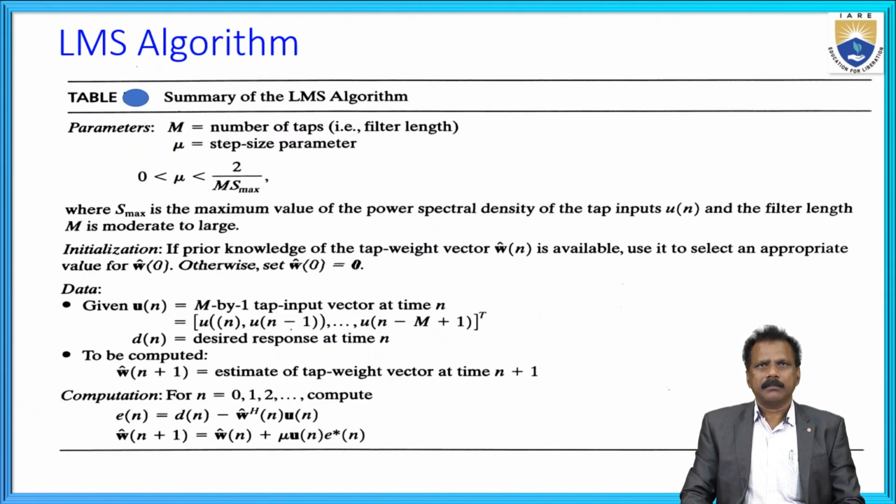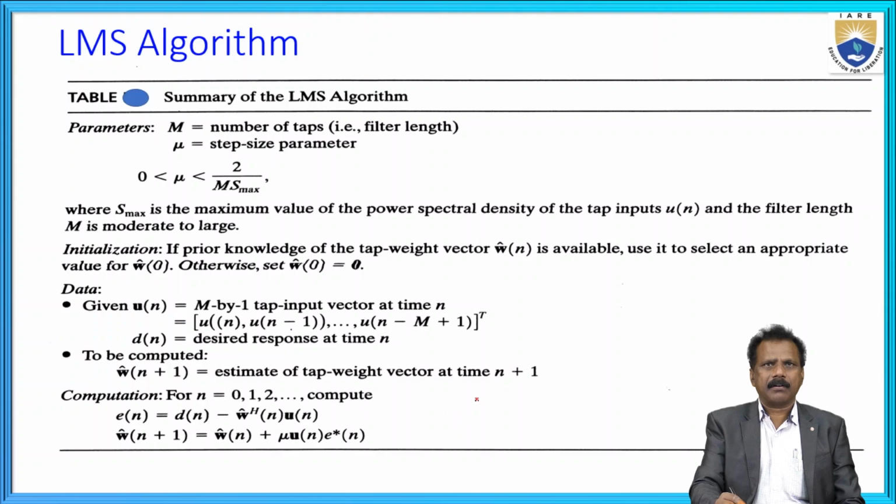Now the summary of the LMS algorithm: basically we have the parameters m and mu, and we can decide the factor with m and with S maximum.